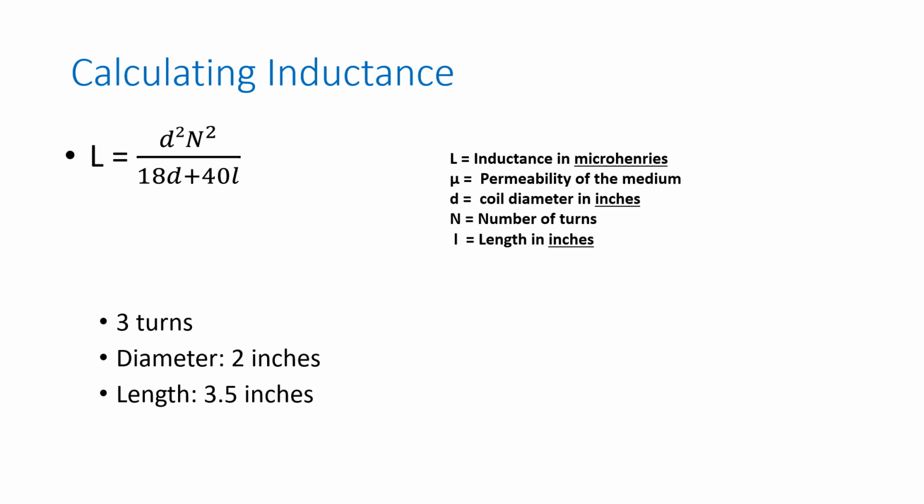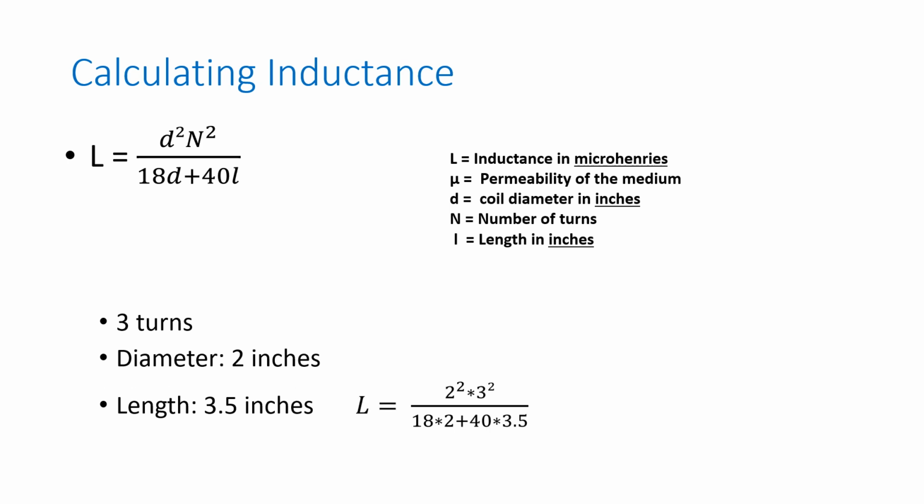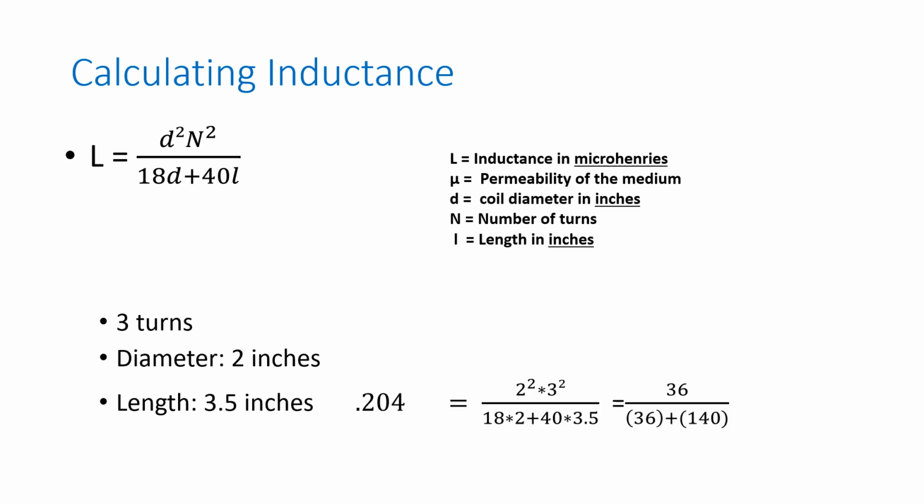So this is a very easy formula to use. We just plug the numbers in. We plug in our diameter of 2 inches. We plug in our length of 3.5 inches and just do the regular old math. We end up with 0.024.